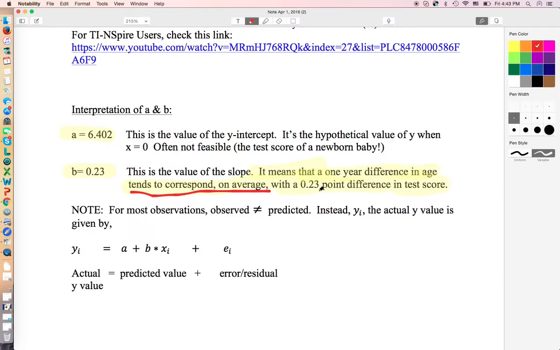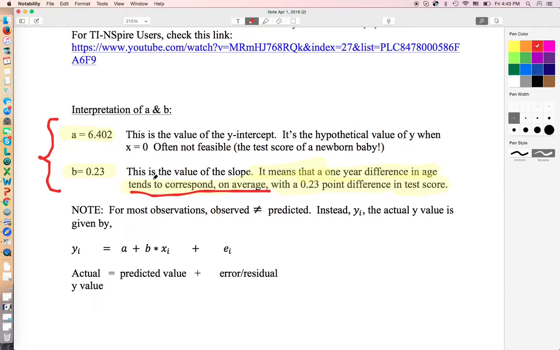But certainly there's going to be 11-year-olds who are smarter than some 12-year-olds, and they're not going to follow that pattern. So if you leave out this part right here, you're wrong. You have to say tends to correspond on average. A 1-year difference tends to correspond on average with a 0.23 point difference in test score. Okay, memorize how we interpret these things.